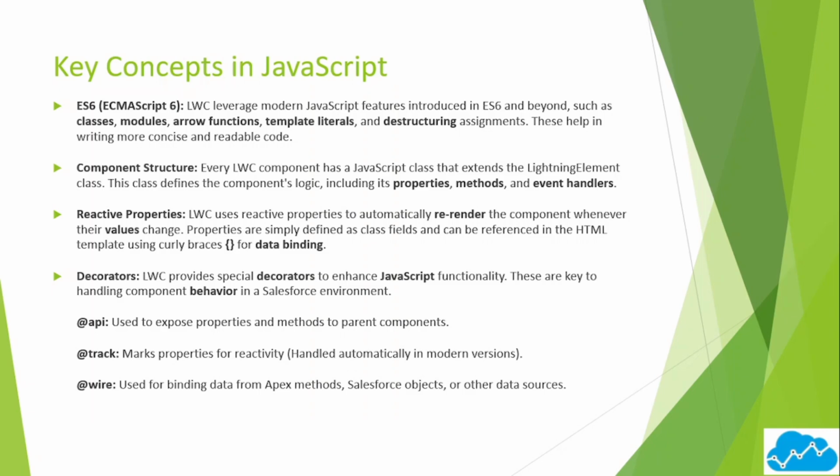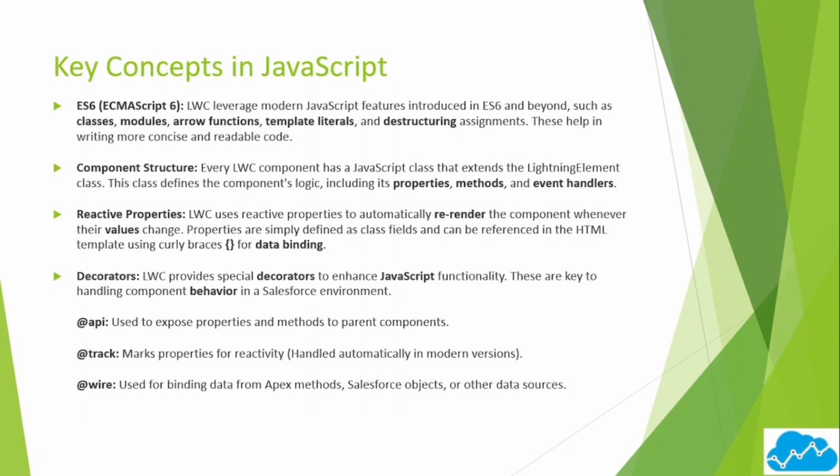functions, template literals, and destructuring assignments. These help in writing more concise and readable code. So after ES6 came into picture, writing the code became easy for developers. Component structure.